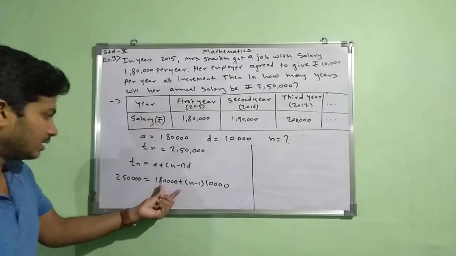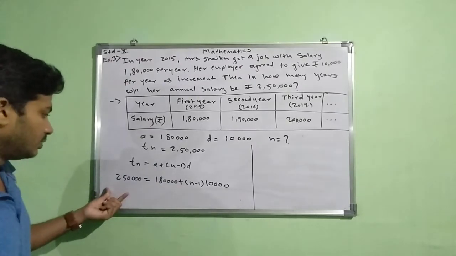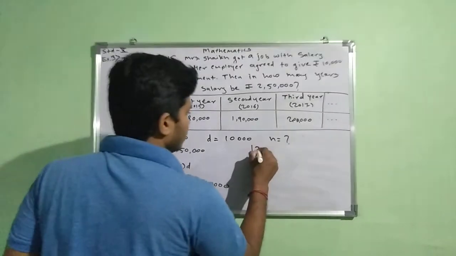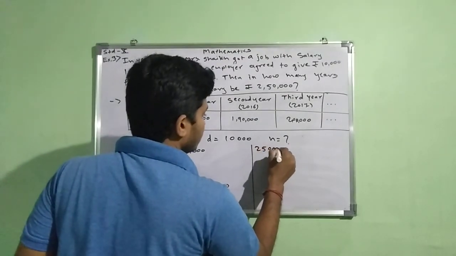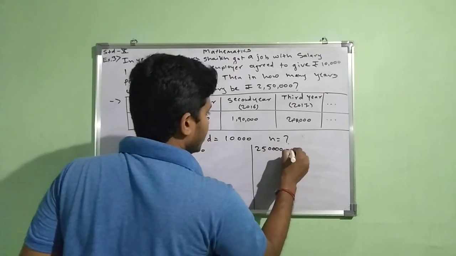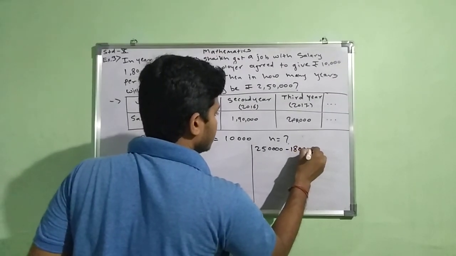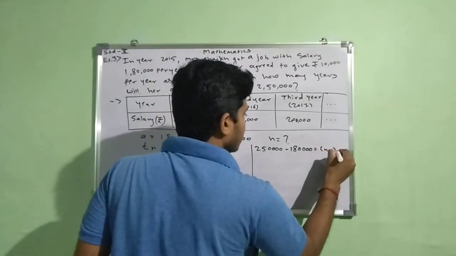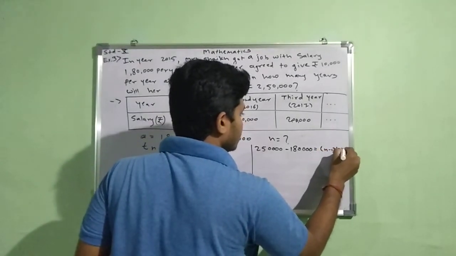Now we can shift that 1,80,000 over here, and it will become subtraction with the 2,50,000. So 2,50,000 minus 1,80,000 will be equal to n minus 1 into D, which is 10,000.